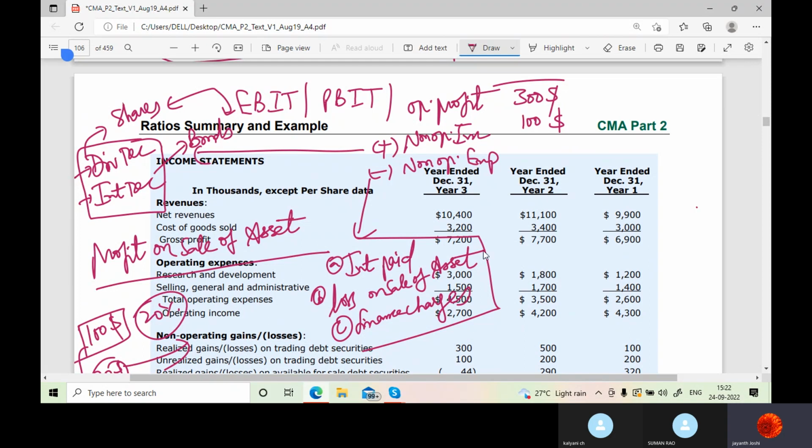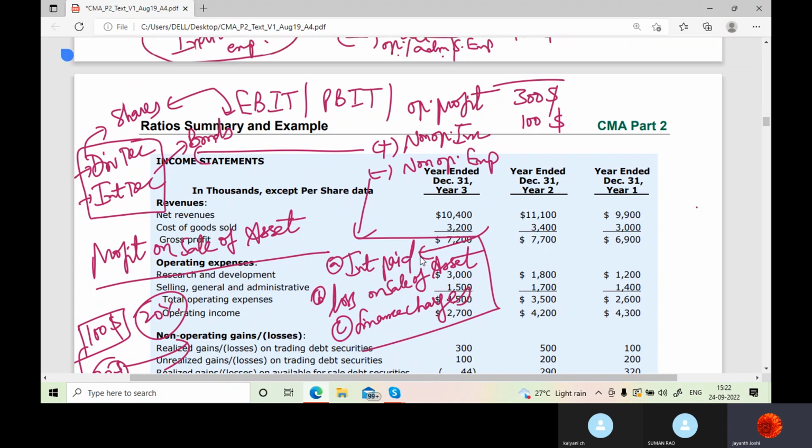These are all non-operating expenses because paying interest on loans is not your business operation. You're not a banking business whereby you get interest and you pay interest. No, this is a separate activity, a finance activity whereby you are paying money to banks for taking loans.